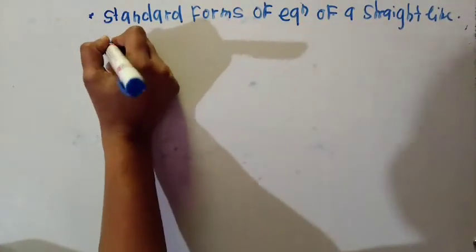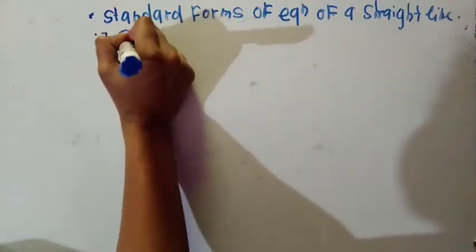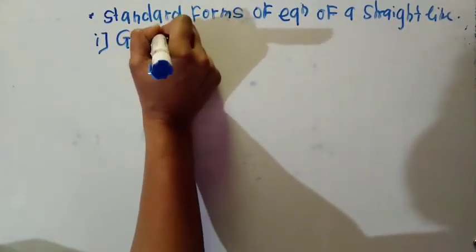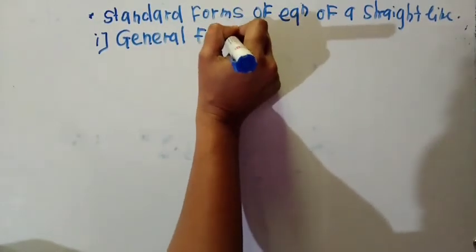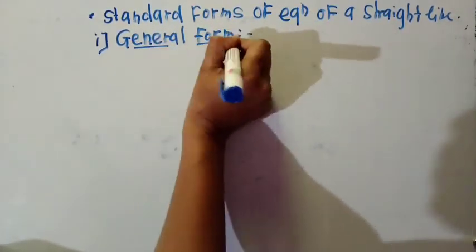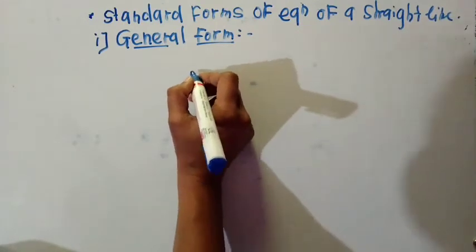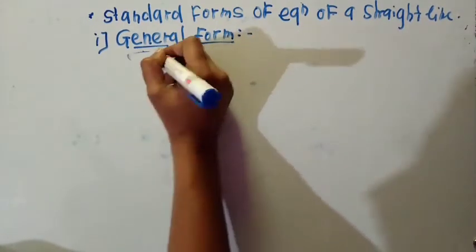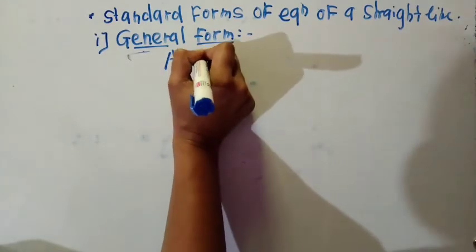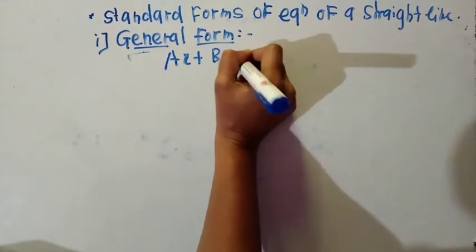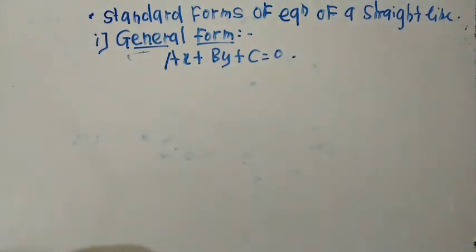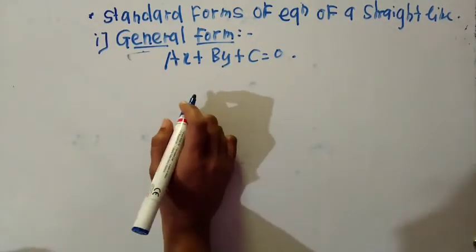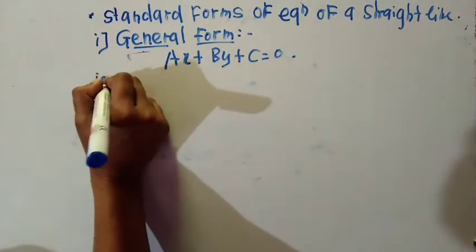Here the first form is the general form: ax plus by plus c is equal to 0. This equation is called the general form, where a, b, c are real numbers.